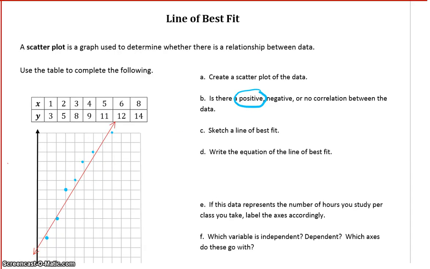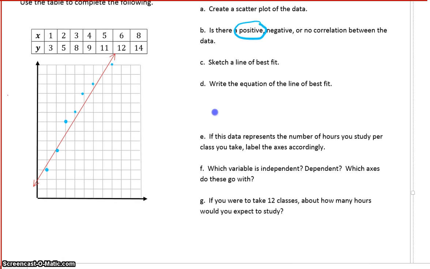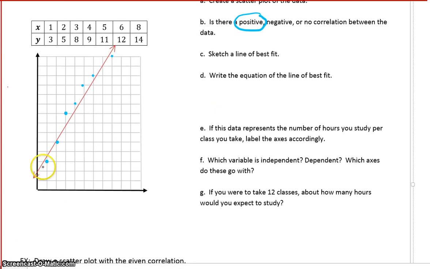So what I've done here is I have sketched a line, and I tried to make it have a nice y-intercept and a nice slope while still maintaining the middle of the data.